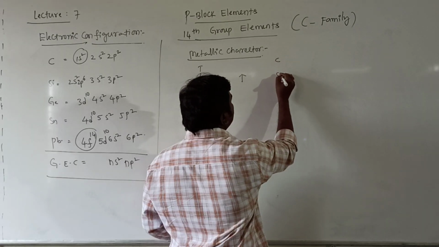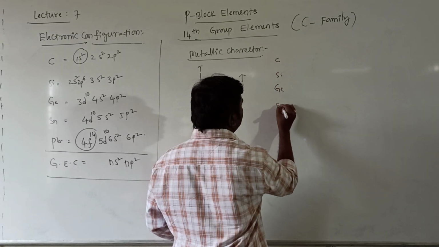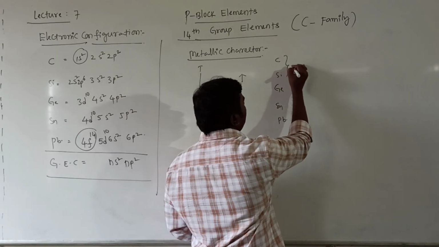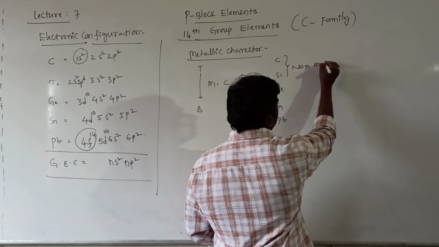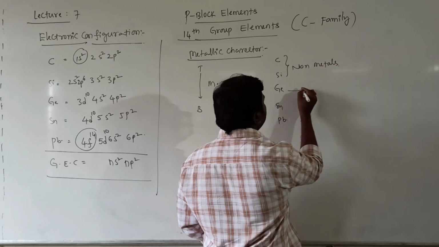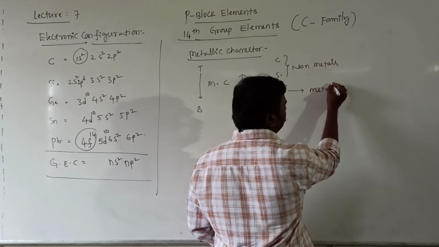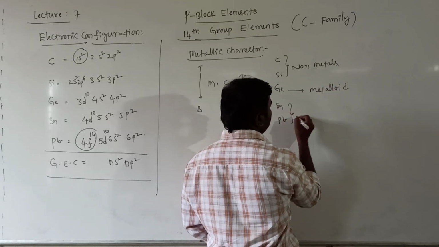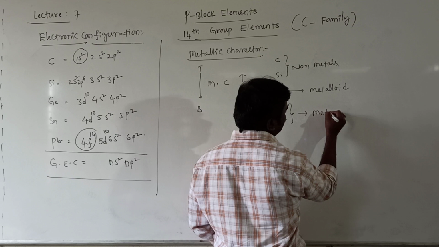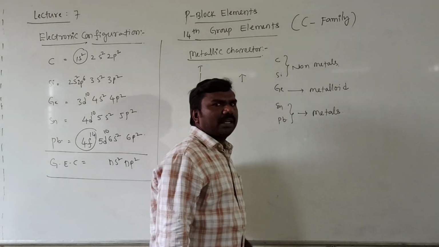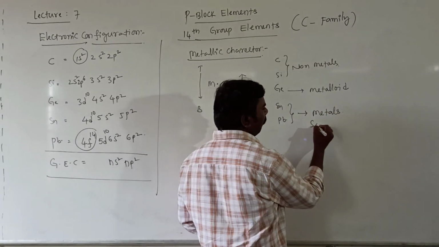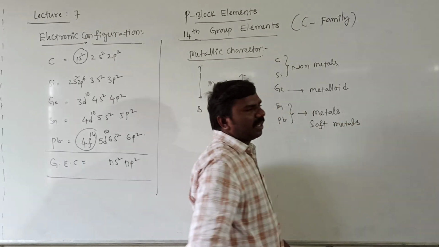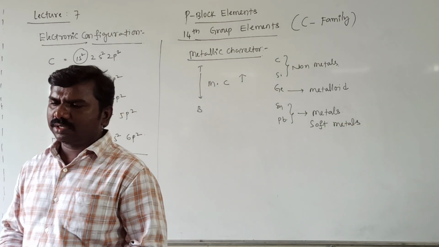Carbon, silicon, germanium, tin, lead. Carbon and silicon are non-metals. Germanium is a metalloid, and these two are metals. These two are soft metals, not as hard metals.